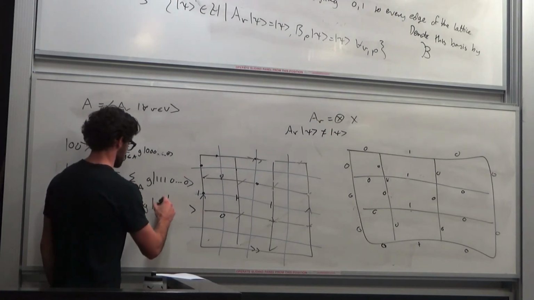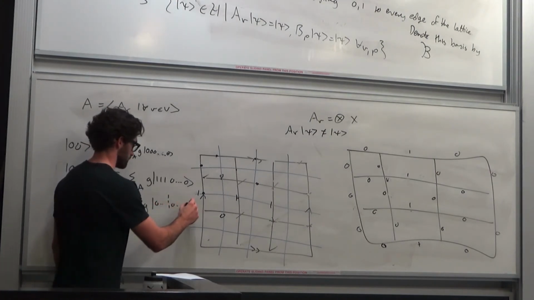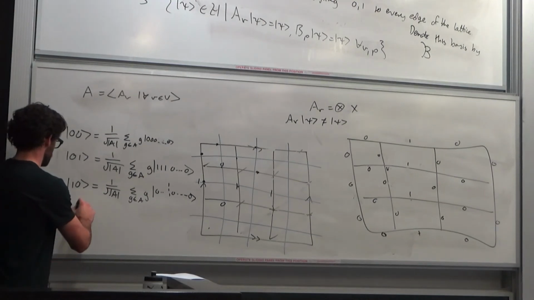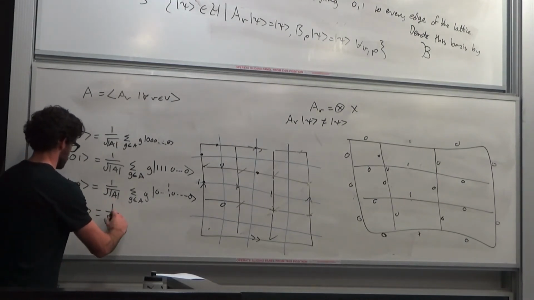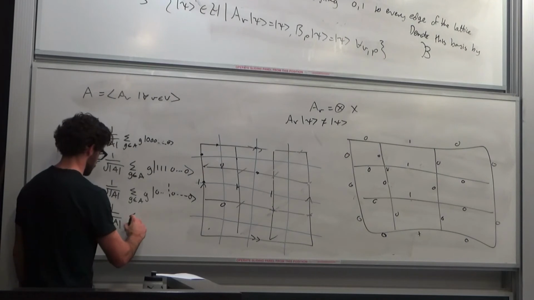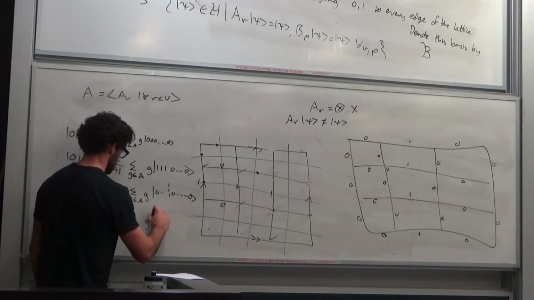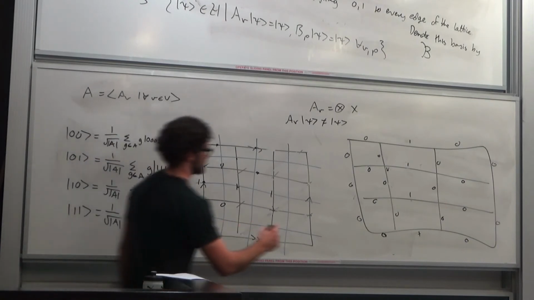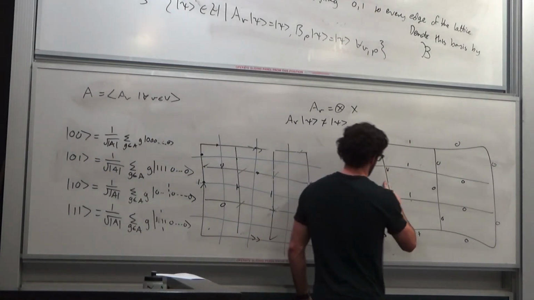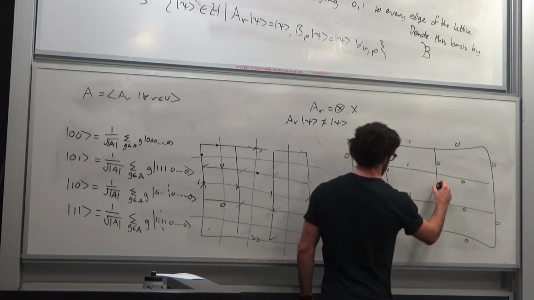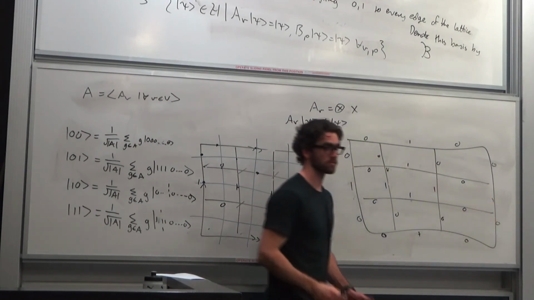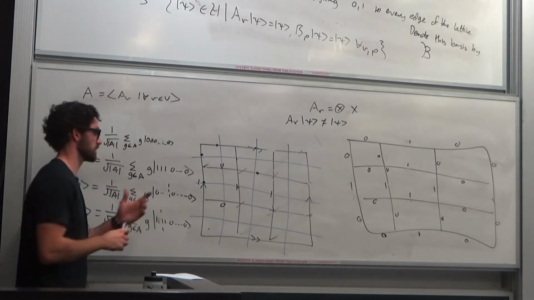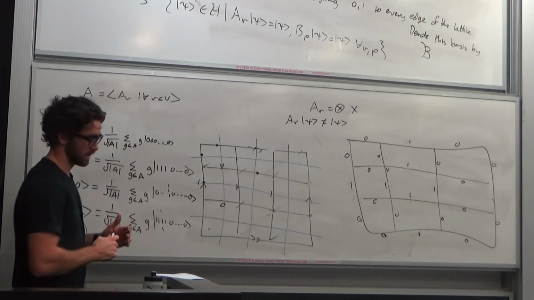I'm going to use notation and call it this. And then finally, it's the one that's both. So if we had this one and this one. Okay, so there are four basis vectors for our code subspace.